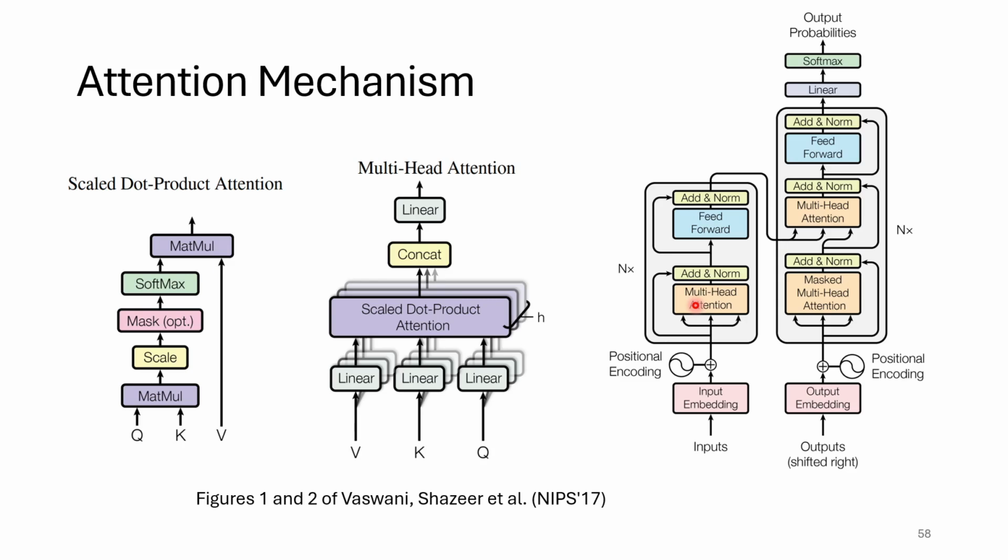So what is attention? I should say the authors of the transformer didn't invent the mechanism of attention. It was developed two or three years before this architecture. But they used the attention mechanism and developed an architecture like this one.